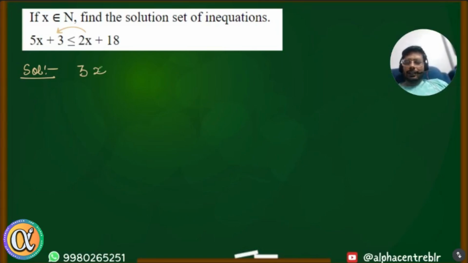Solve it just like a linear equation. The only thing to keep in mind is don't cancel the negative sign. If you want to get rid of a negative sign, just flip it to the other side. That is rule 1, and the second rule is don't cancel the minus sign. So 3x is less than or equal to 18 minus 3, which is 15. Now we can divide by 3 on either side, so x is less than or equal to 5.